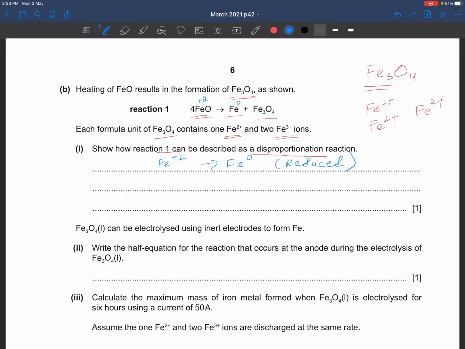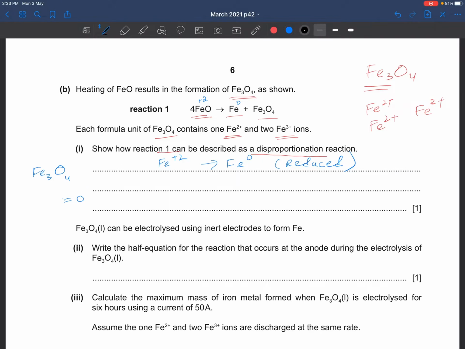And in Fe3O4, now maybe some of you have problem in finding out the oxidation state of iron in Fe3O4. So that's why I'm just solving this here. As Fe3O4 is a compound, that means the sum of the oxidation states is 0.